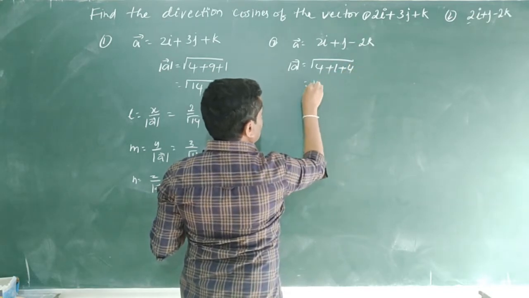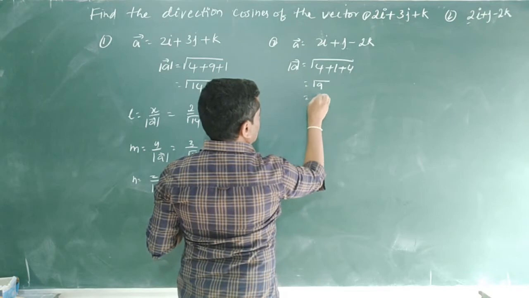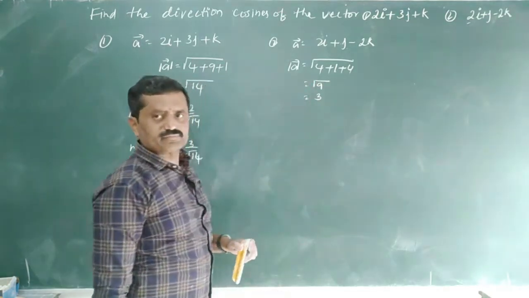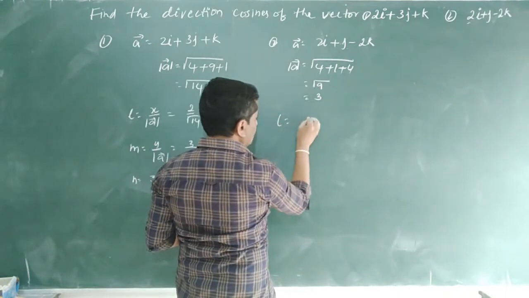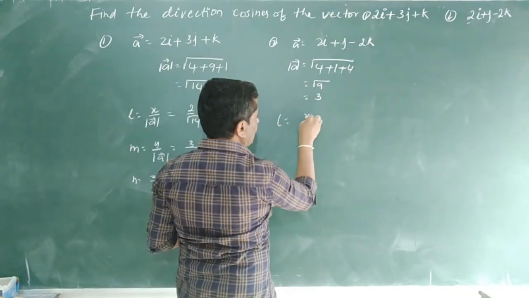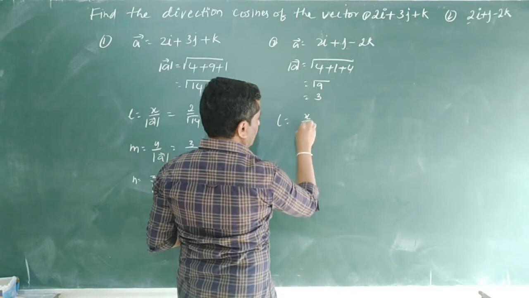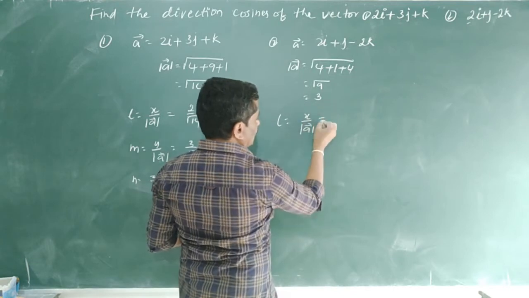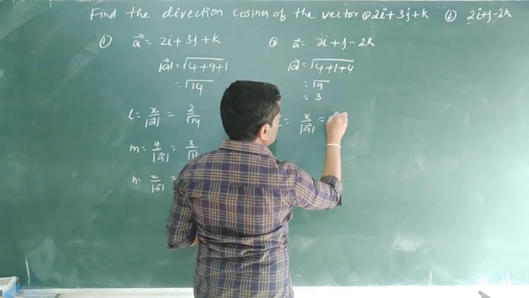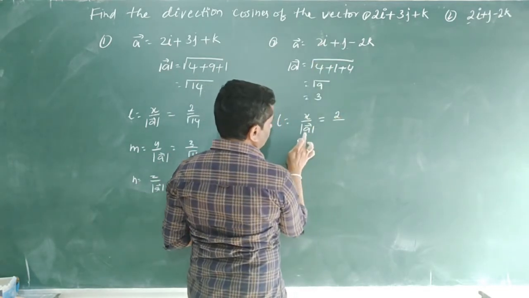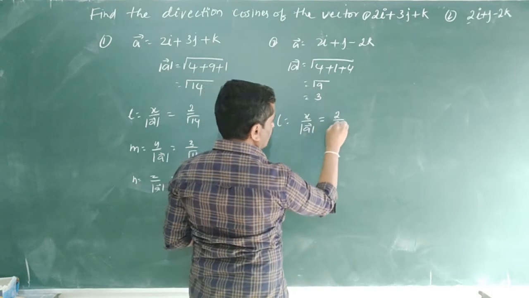Again that is equal to root 9, that is equal to 3. Okay, so now what is L? L is equal to x divided by magnitude of a bar. What is the x value here? That is 2. 2 divided by magnitude of a bar, that is 3.